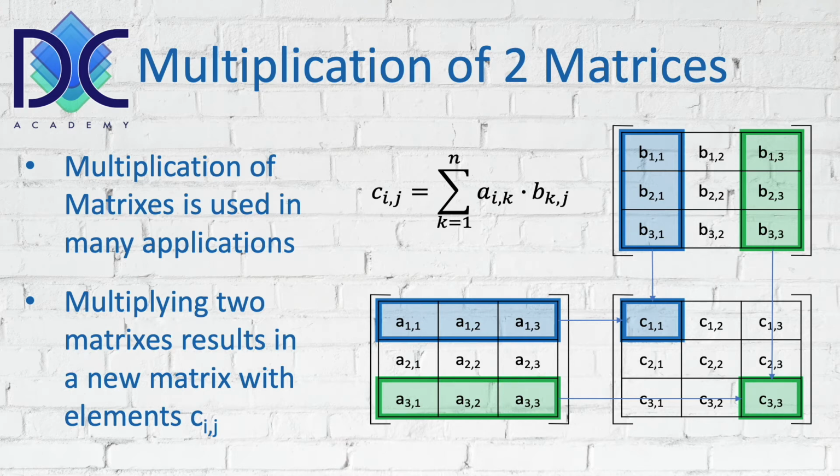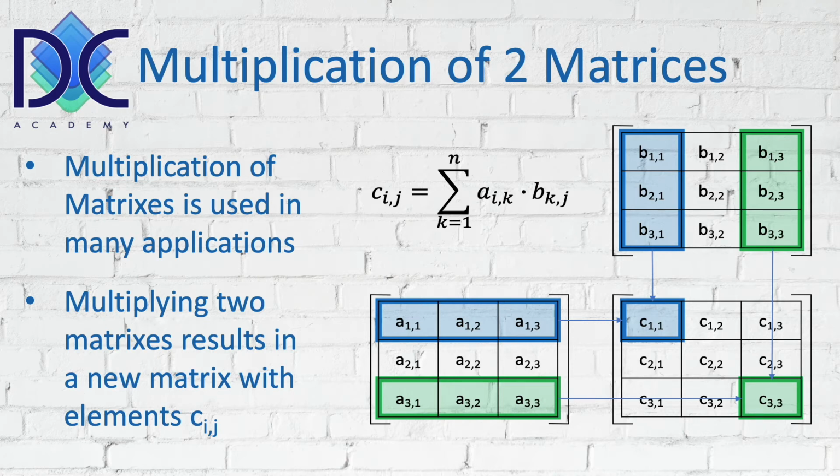But the problem is I cannot multiply B times A, or we can only have the commutative property when the matrices are square. So it's very important that we see what type of matrix that we have. So we would say 2 rows times 3 columns, we can multiply with 3 rows and 2 columns.